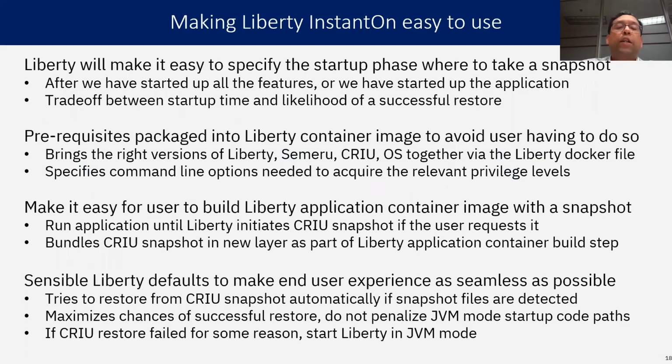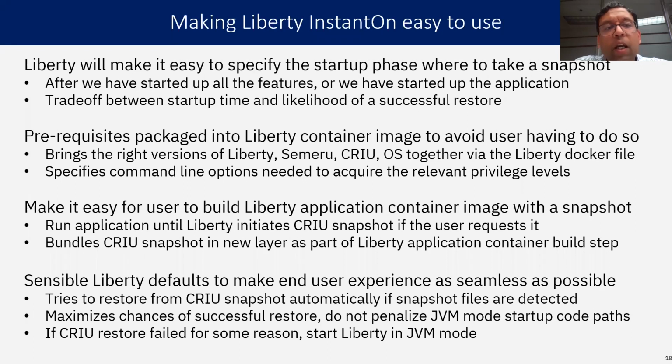Okay, so then I'll jump into the technology side of things a bit here and talk about how this actually works, because I figured this sort of engineering audience would be interested in that piece. This slide talks about the different things we've done to make it easy to use.